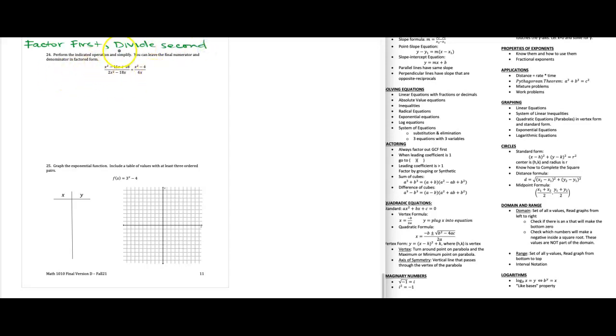Okay, so let's get everything factored. Remember that when we're dividing, we're going to flip and change that to a multiplication. You can flip first if you want, but make sure you're factoring things, because what I see people doing is they see that x squared there and try to divide it out with that x squared there.